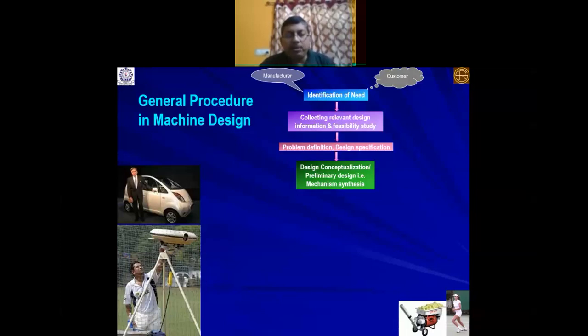This way you have to identify the different mechanisms by which you can throw the ball, but you have to check whether you can achieve your target specification, like 160 kilometers per hour. Now you have to analyze each and every mechanism, like the spring-loaded mechanism. If you compress the spring and release it to throw the ball, but do this 400 times, due to fatigue the spring will fail and cannot serve the intended purpose.